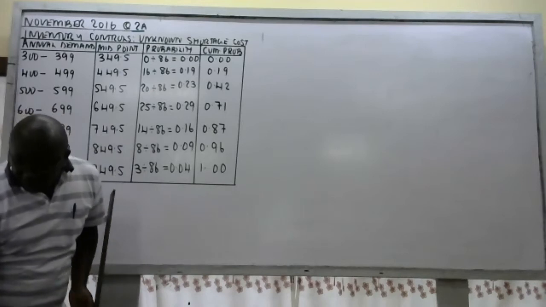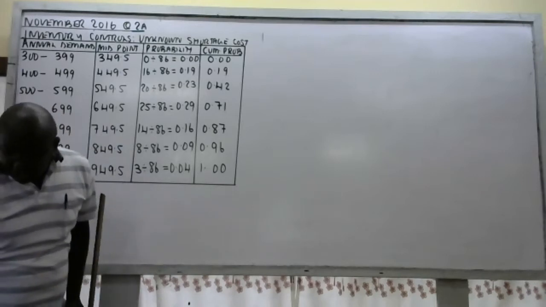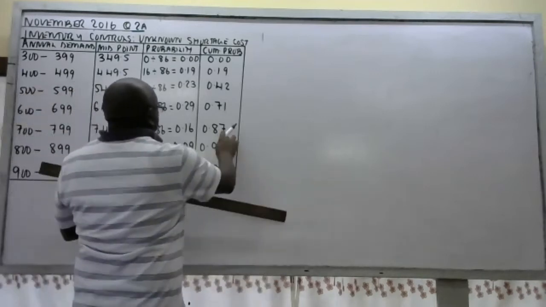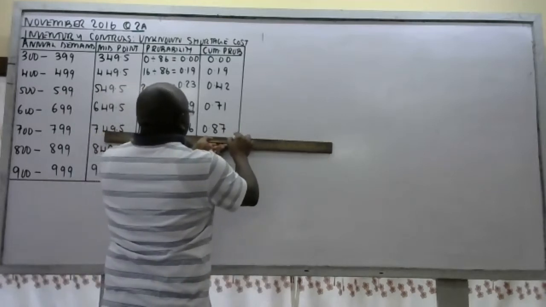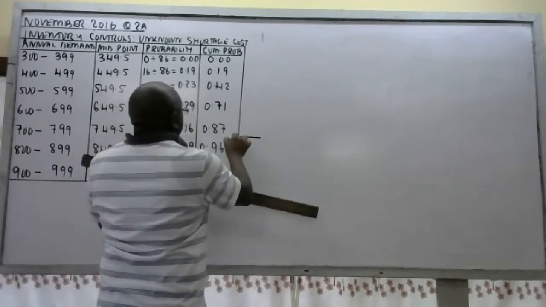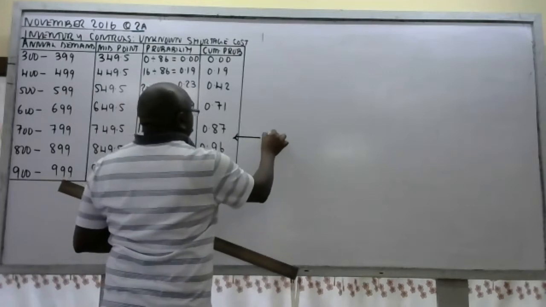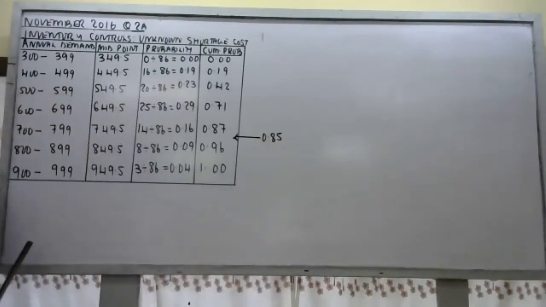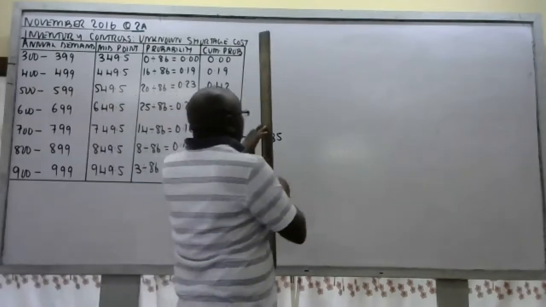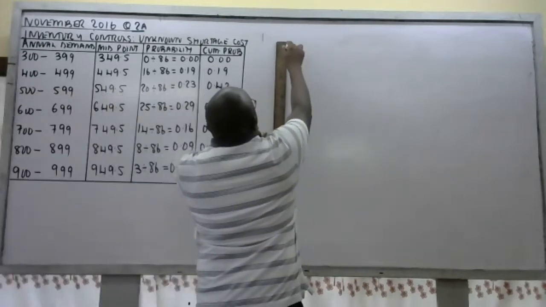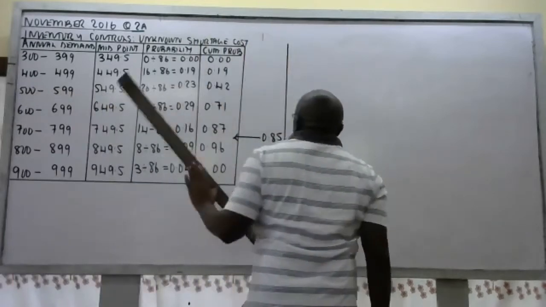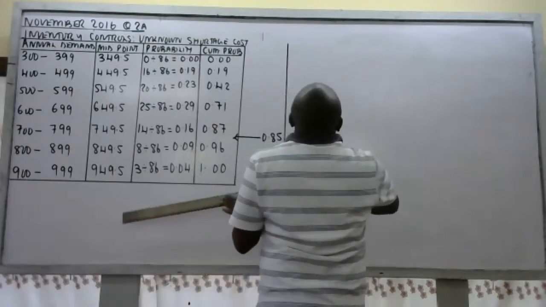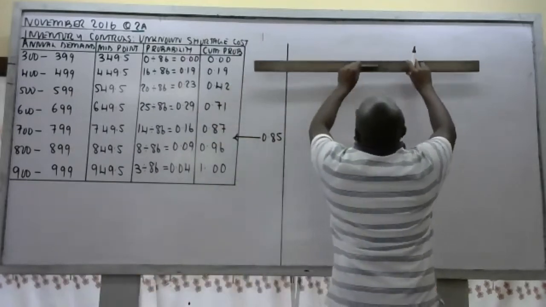So we are looking for 85%. So 85 must be between here. 85 should be somewhere here. That is what you are looking for. And I told you there are 2 methods that you can use. The first one is called linear interpolation method.